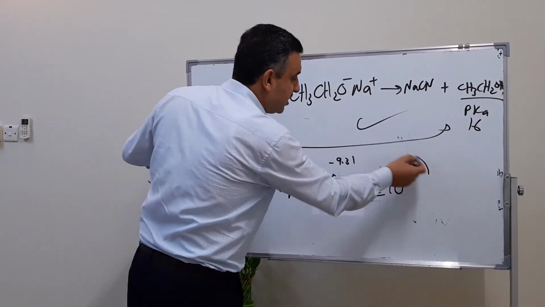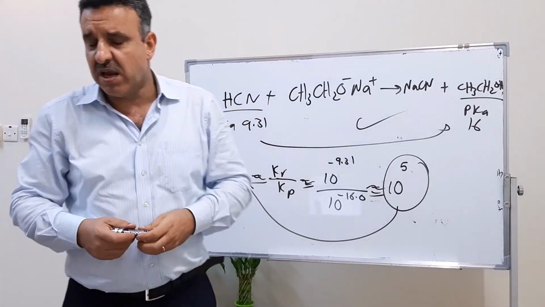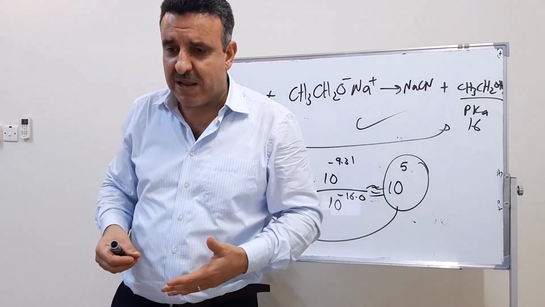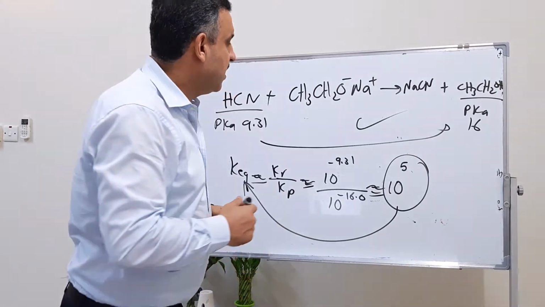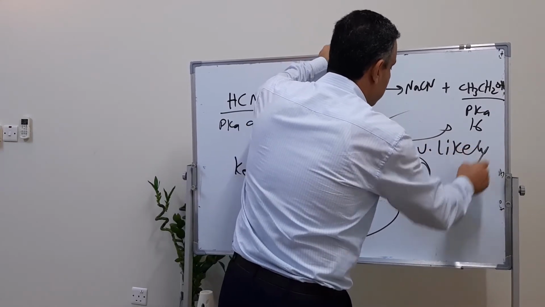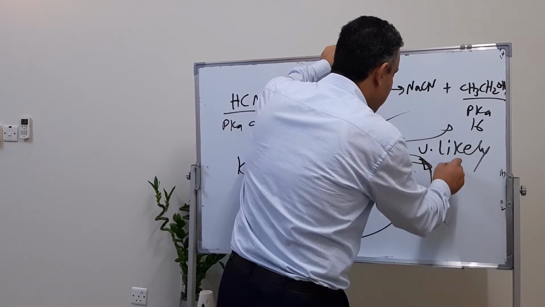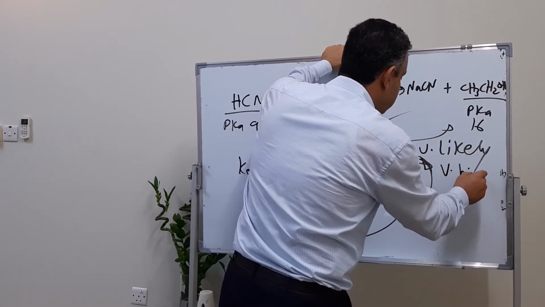As you can see, whenever we have a very high K equilibrium, like 5 decimal places, this is very likely to take place, or the reaction will go in this direction to a very high extent.